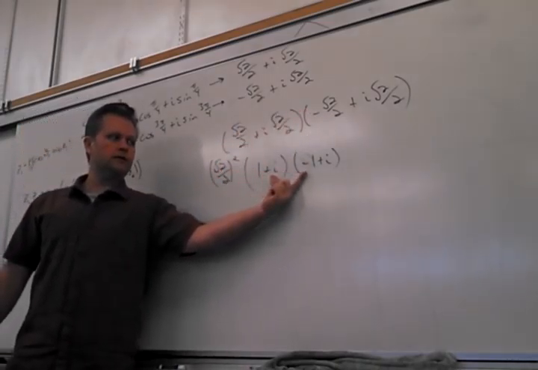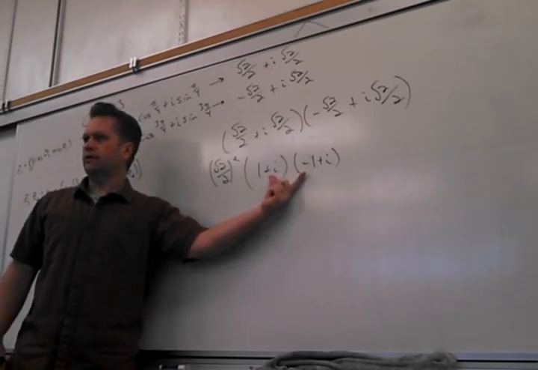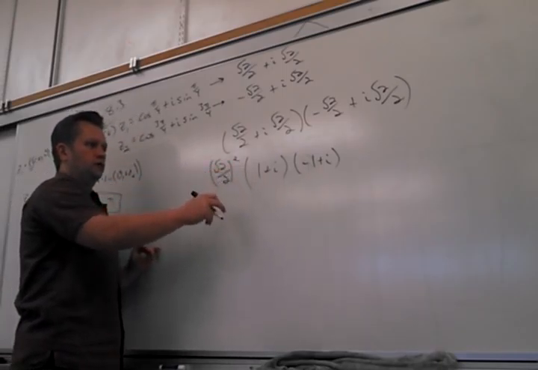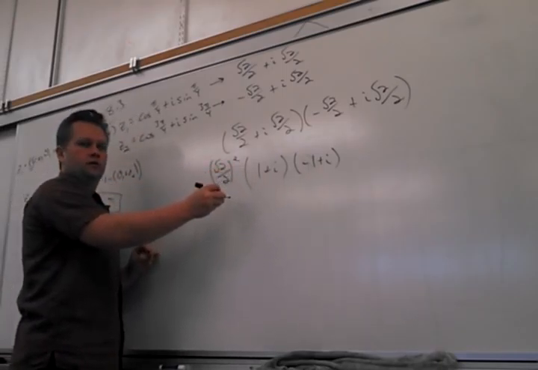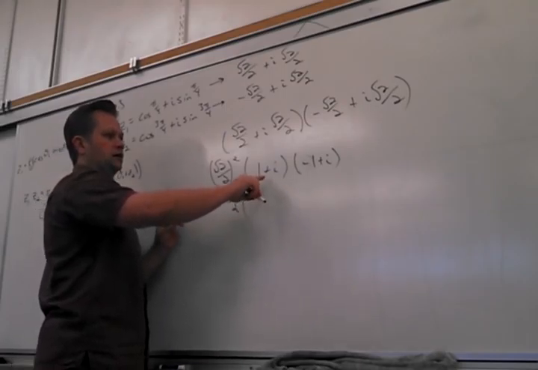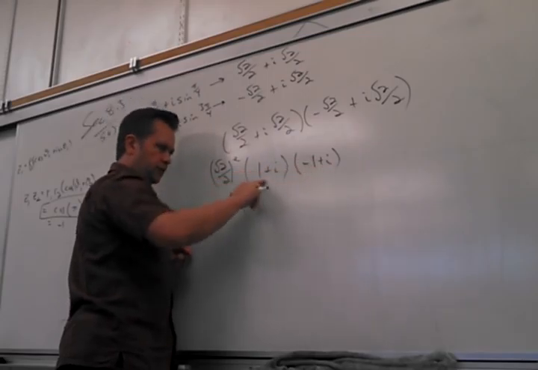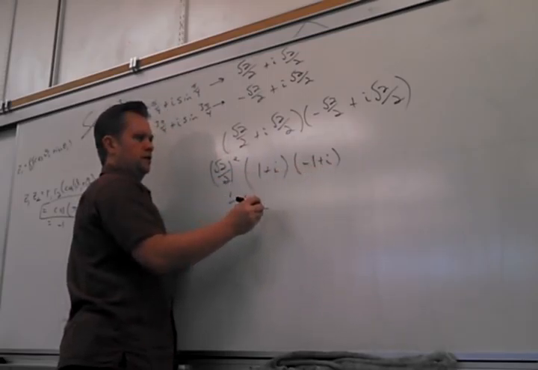And then this is great. That's like a difference of squares, right? So then I get, what's root 2 over 2 squared? 1/2. And here I'll get -1 plus, minus I plus I, so I get -1 plus I squared, which is -1.